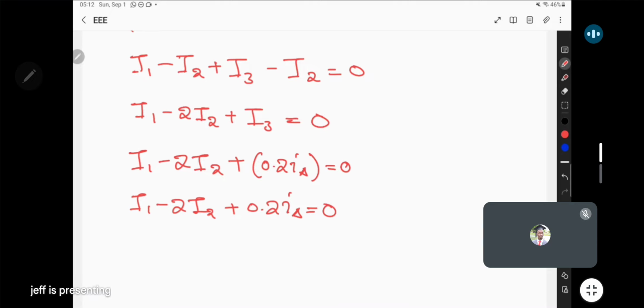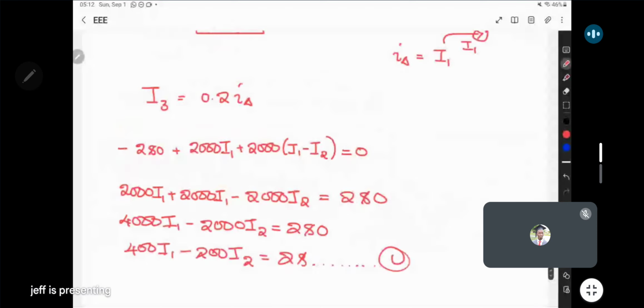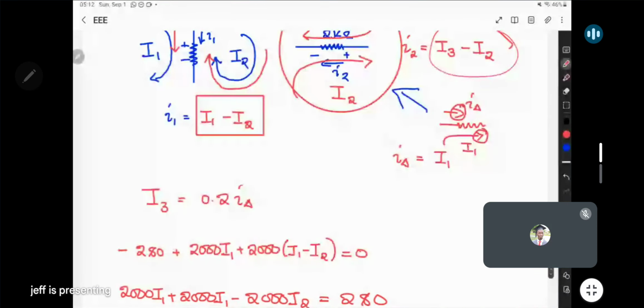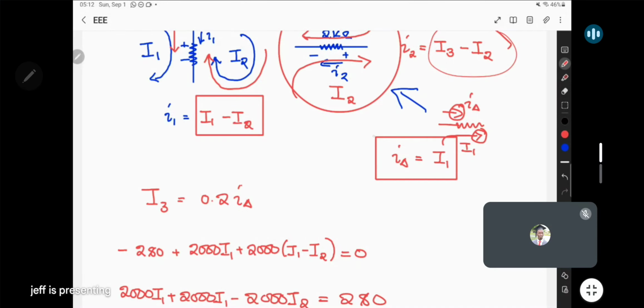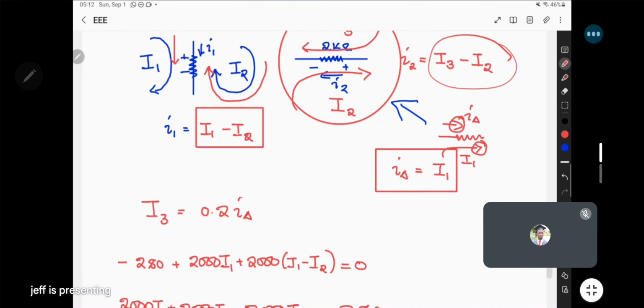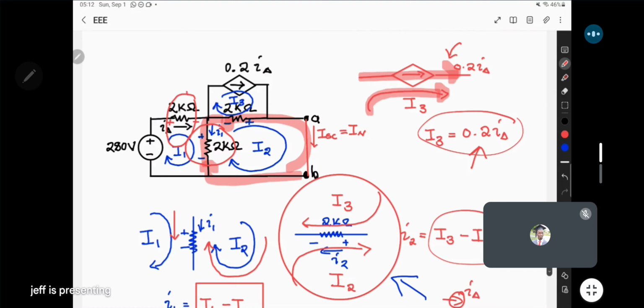But we don't really want to work with I delta. Is it possible for us to eliminate I delta? Well, guess what? It is. We saw earlier that from mesh 1, I delta was the same as I1. Where do we see that? We saw that here. I delta is the current passing through the 2 kilo ohm resistor here. So the current passing through this is what comes out as I delta.